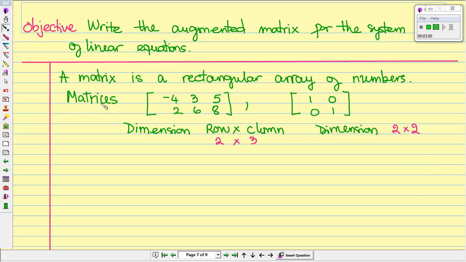The next one we'll talk about is what we call an identity matrix.